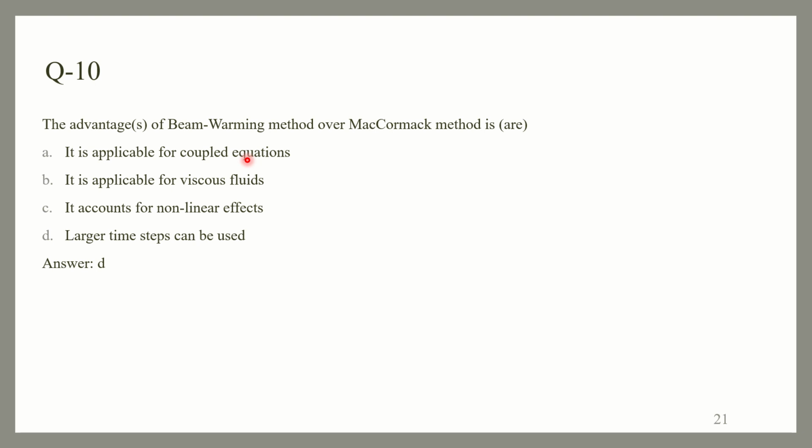So there is a criterion which fixes the time step size in the McCormack method. That criterion is absent in the Beam Warming method. Therefore, the Beam Warming method can have larger time steps. So the answer is option D, larger time steps can be used.